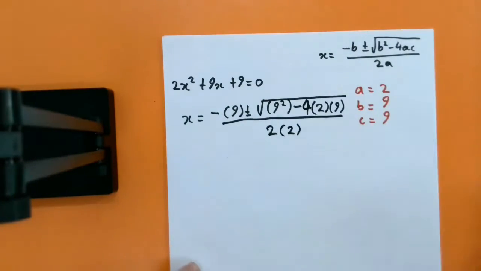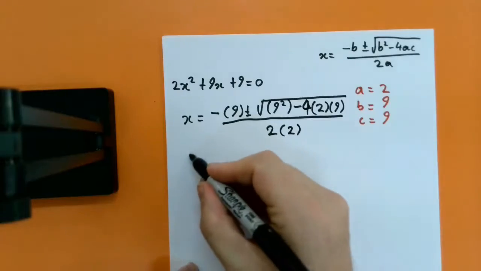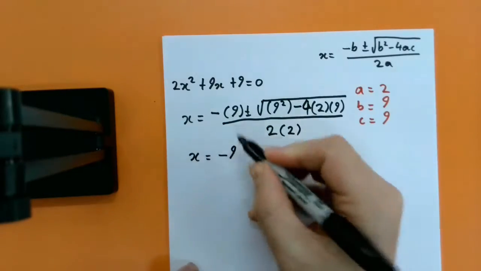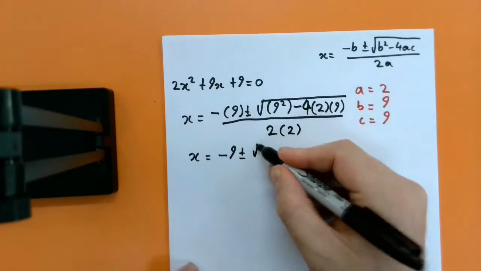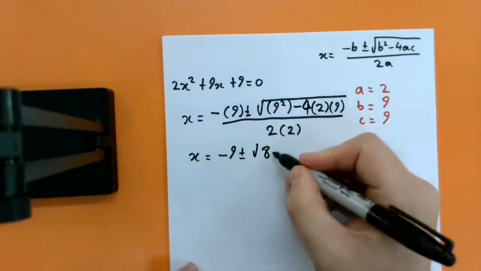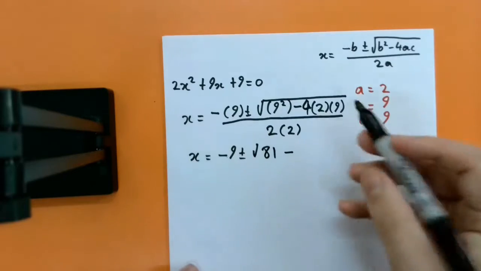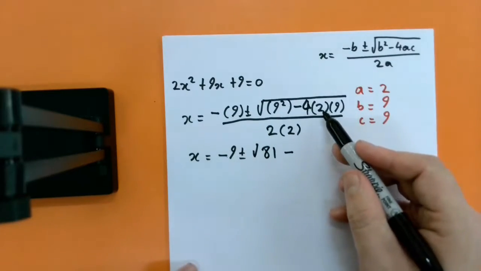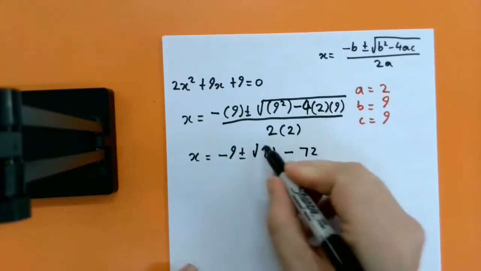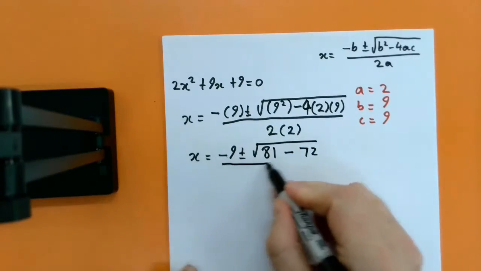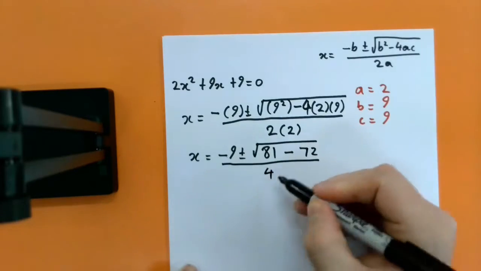So now we're just going to tidy this up. We have x is equal to minus 9. We don't have to worry about any negatives playing around there. Plus or minus the square root of 9 squared is 81, minus 4 times 2 is 8, times 9 is 72. Closing up that square root there. All over 2 times 2, which is now 4.